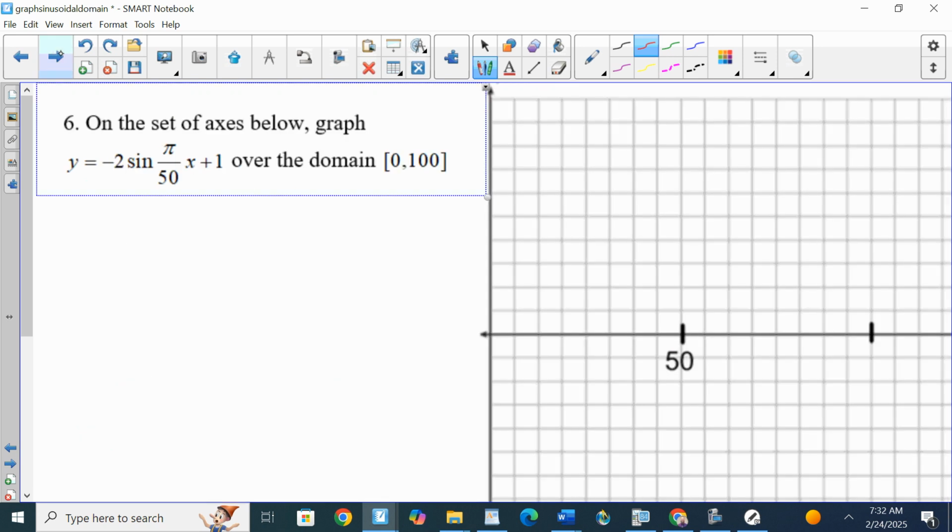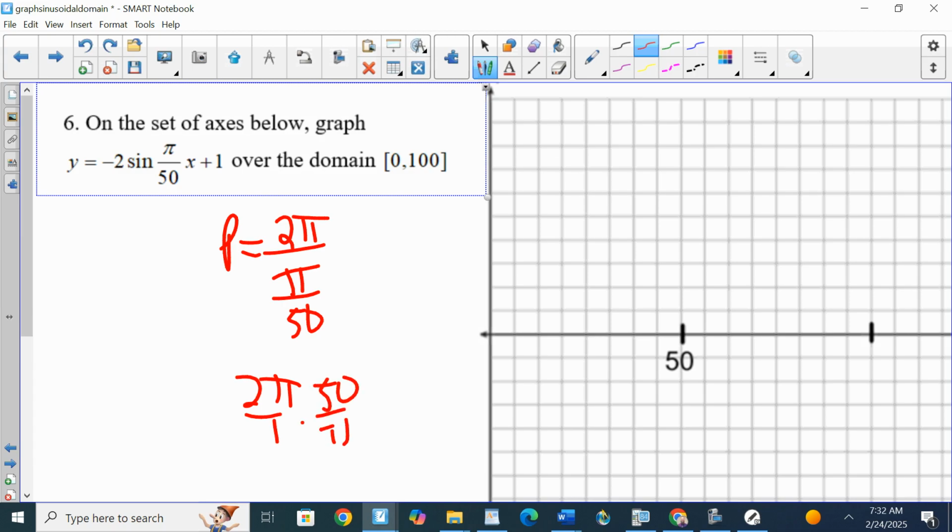So like here, if I just skip ahead to the period, 2 pi over 50, keep change flip, my period's going to be 100. If this is 50, this is 100, so the fourth dash is going to have to be at 100.